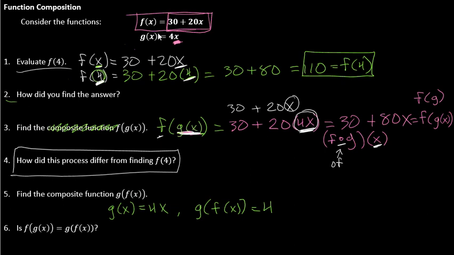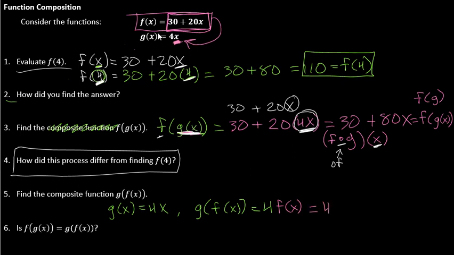This guy right here is f of x, and this guy's going in place of our function of x in g. Okay, so instead of 4 times x, we have 4 times f of x, right?